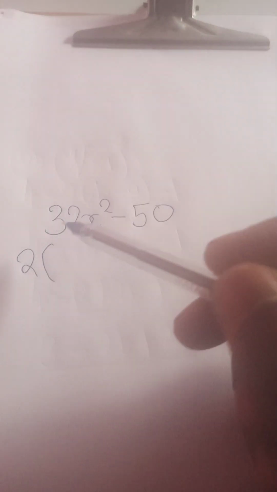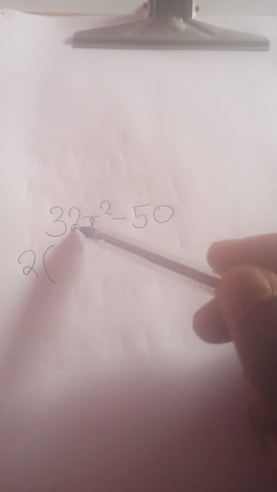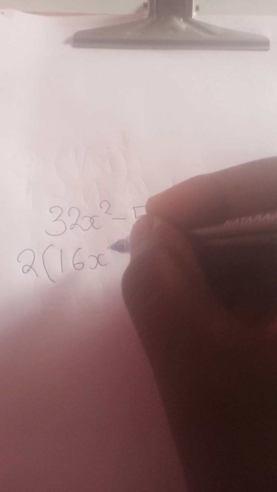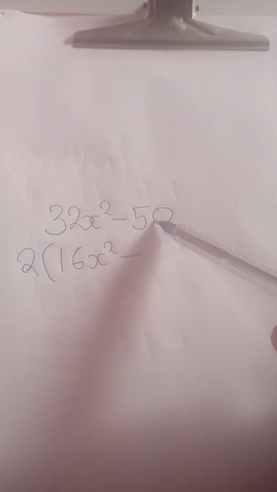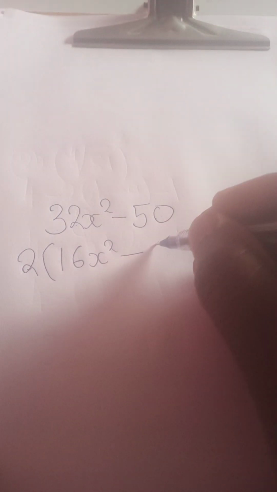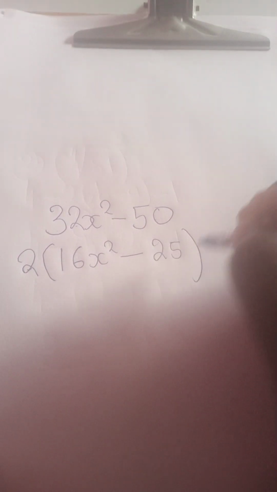And that number, it's 2. So you say 2 open brackets. How many times can 2 go into 32? It goes 16 times. 16x squared minus. How many times can 2 go into 50? It goes 25 times. You close.